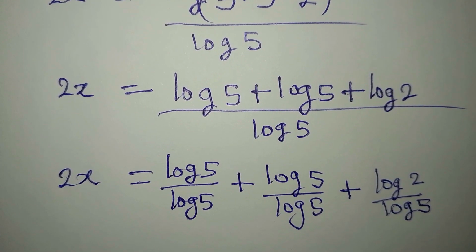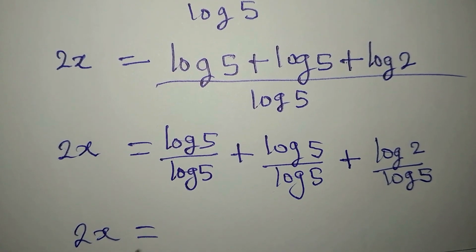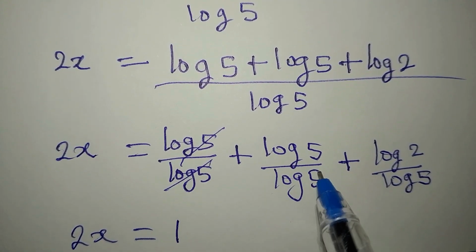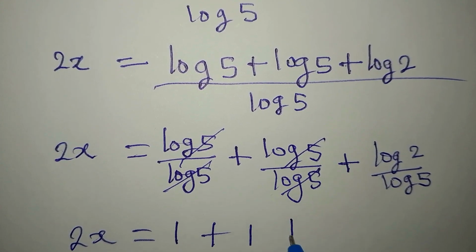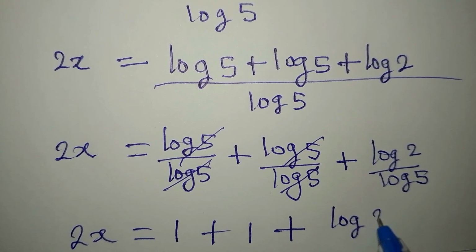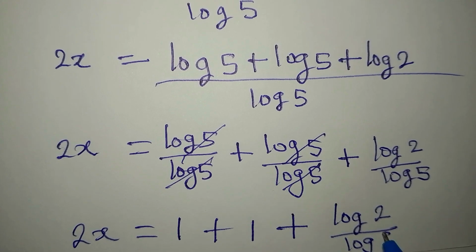So this is what we have. From here, 2x will be equal to 1, plus 1, then plus, this cannot cancel, so we still have log 2 over log 5.